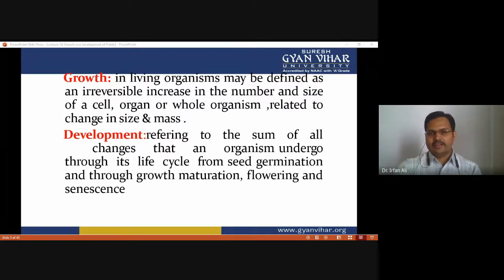Development refers to the sum of all changes that an organism undergoes throughout its life cycle, from seed germination through growth, maturation, flowering, and senescence. So all the processes that a plant has come under development. That's why we study these two parts in plants, growth and development, simultaneously.